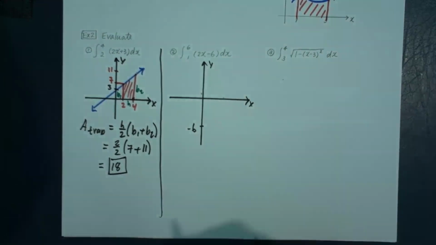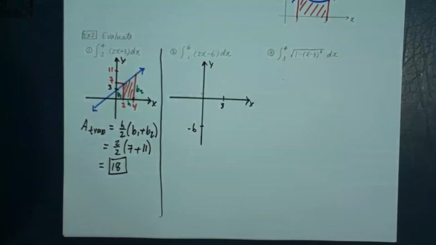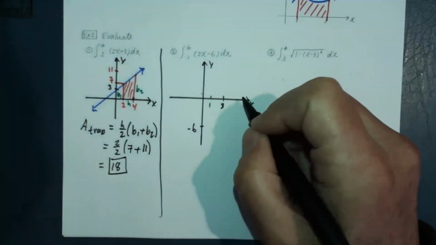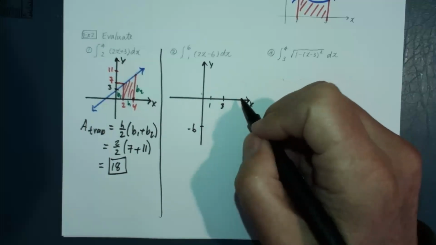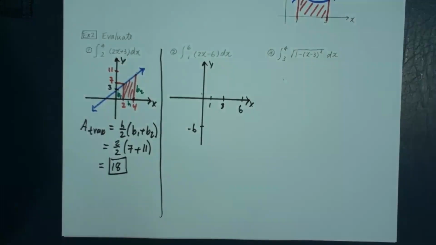And it's going to cross at 3. And we are integrating from 1 to 6. So let's draw our line.